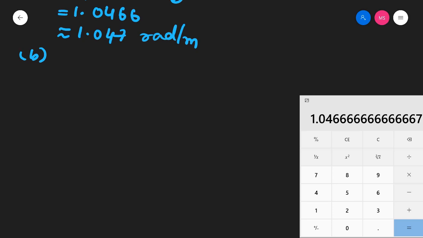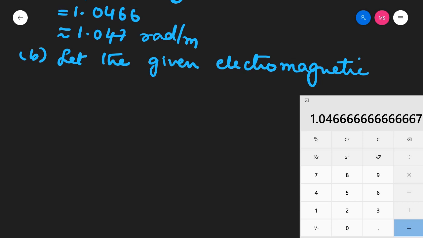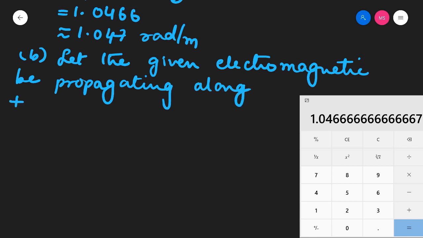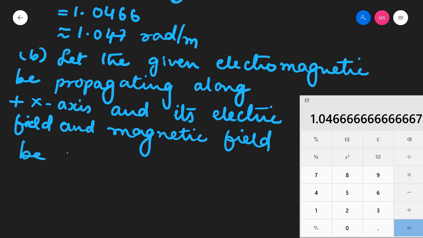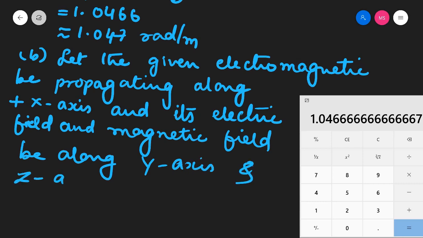Let us assume that the given electromagnetic wave be propagating along positive x-axis, and its electric field and magnetic field be along y axis and z axis respectively.